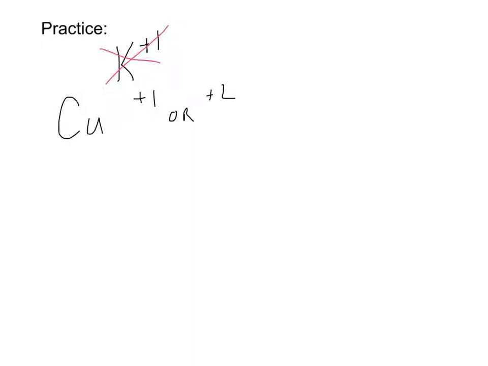So if I see a compound that looks like this, or one that looks like this, I still have copper oxide, but I do not know what the charge of the copper is. Obviously, we know that every oxygen has a 2- charge.